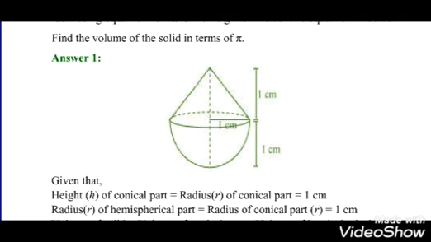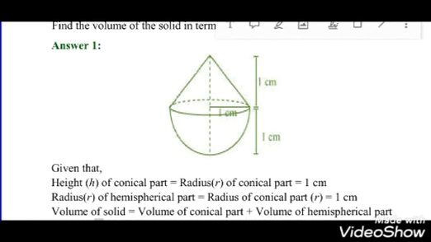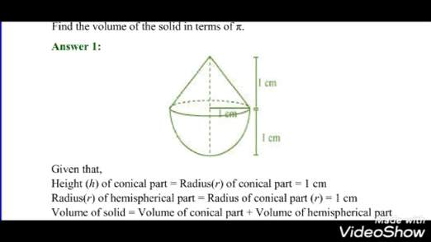So what is the next thing? Volume of the solid means the conical part and the hemispherical part: volume of the conical part plus volume of the hemispherical part. What is the formula for the volume of the conical part?